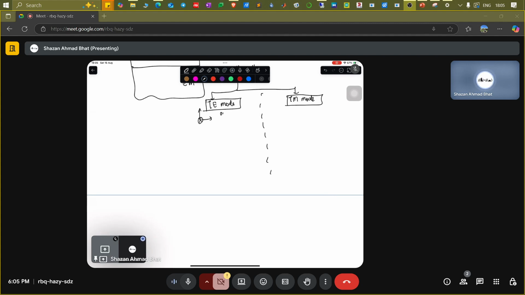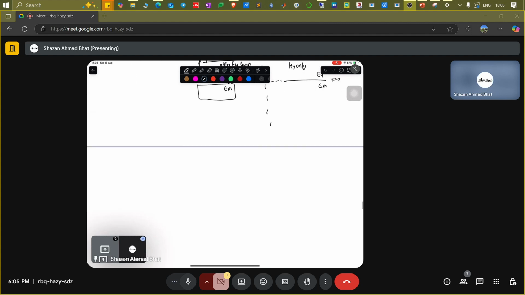So that means only the EY component is there. Let's say this is Z, this is X. This is epsilon D, epsilon M, this is metal. Similarly for TM mode, only the HY component is going to be there. So this is epsilon D, epsilon M, and this is the Z equals 0 line.